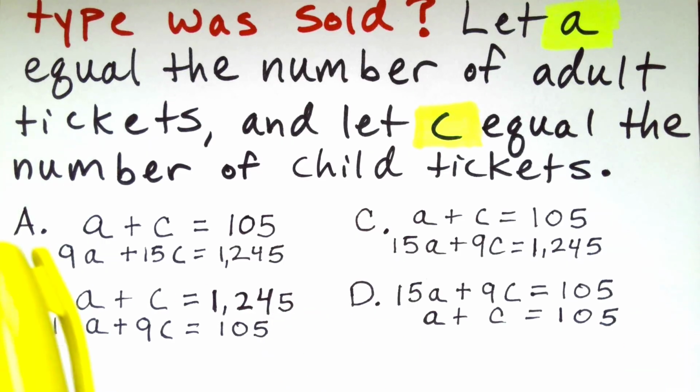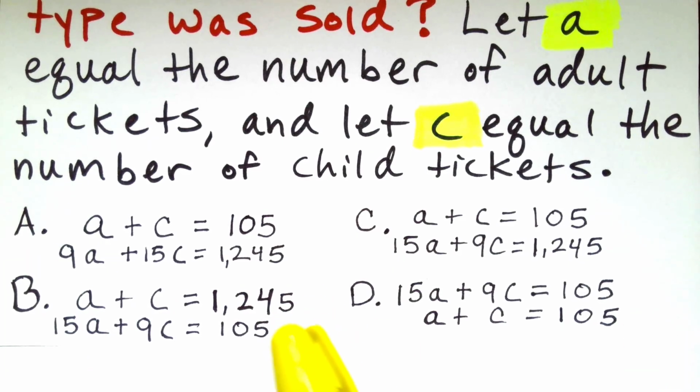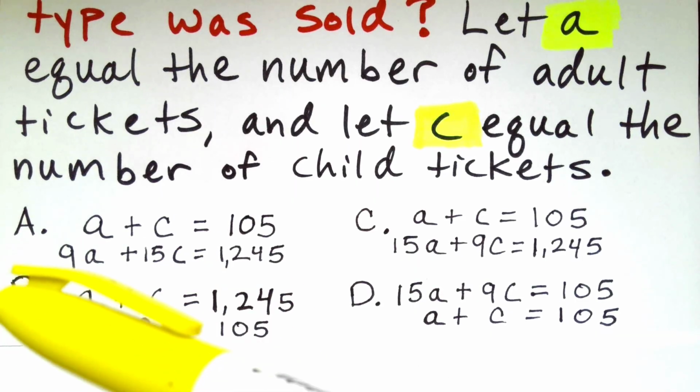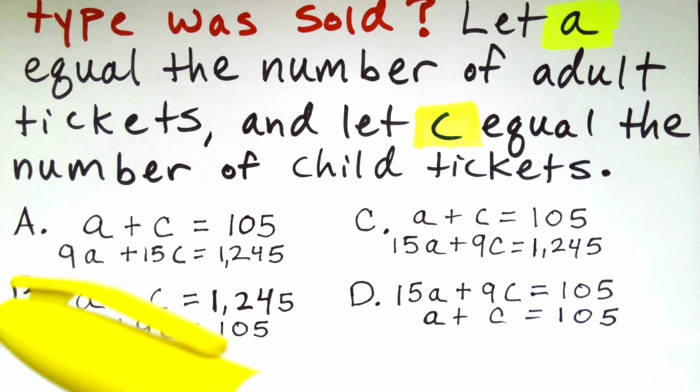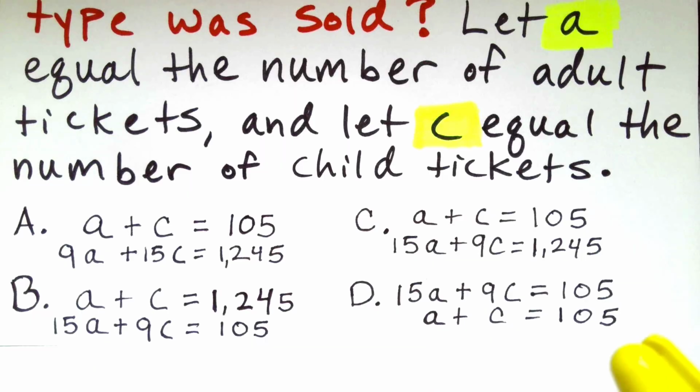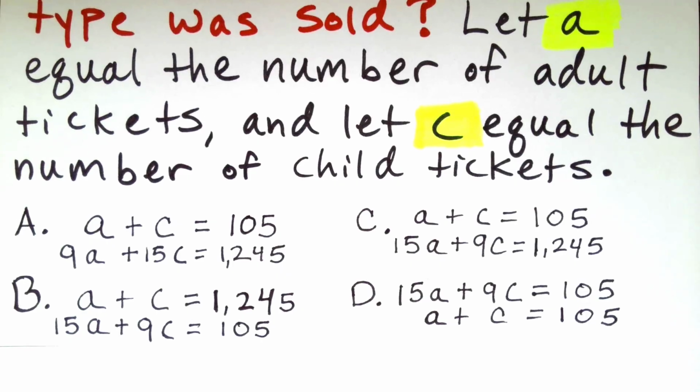B, you can eliminate. This is a test-taking strategy. So if you're struggling, use your logic and scratch off problem B. Now you have A, C, and D options left. That means you'll have a 25% chance of guessing the answer correctly if you were just going to guess.